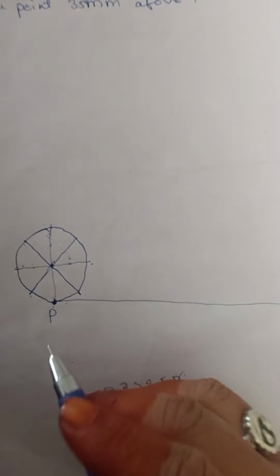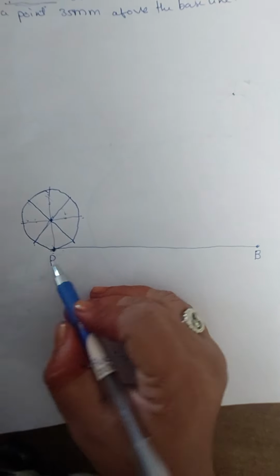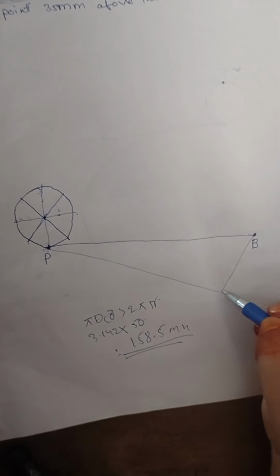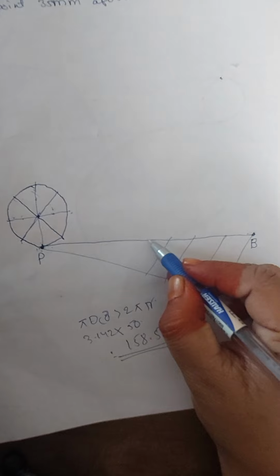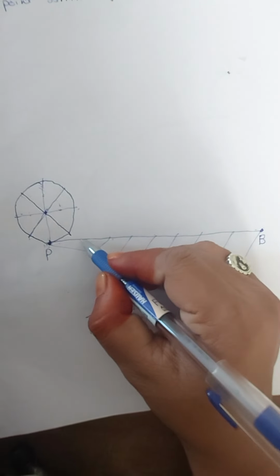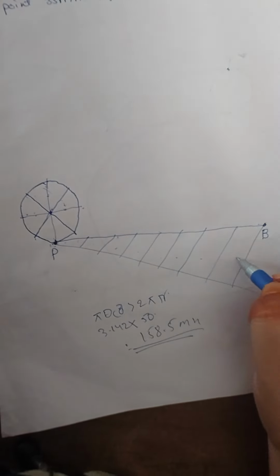Similarly, by using geometrical constructions, divide this PB line into 8 equal parts: 1, 2, 3, 4, 5, 6, 7 and 8.